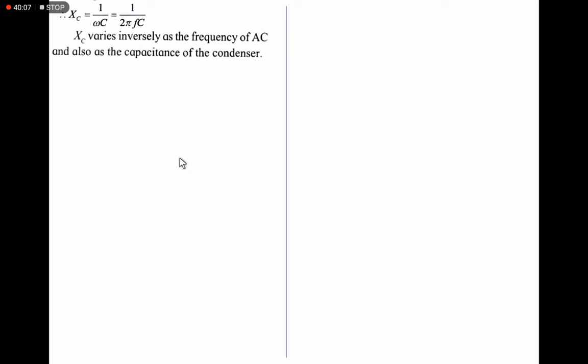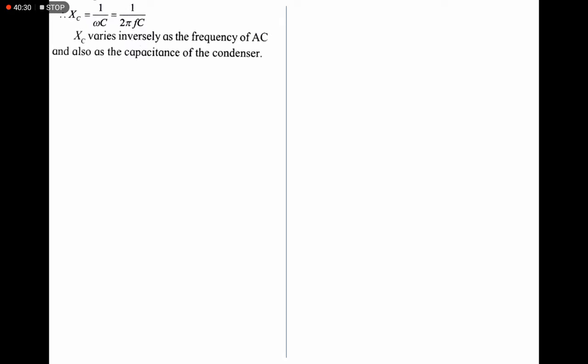So these are the important topics from the chapter AC generator. Definitely it is the same as the chapter electromagnetic induction. The part of the chapter electromagnetic induction is useful to learn these AC circuits.